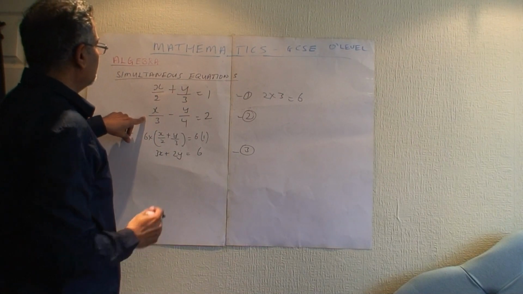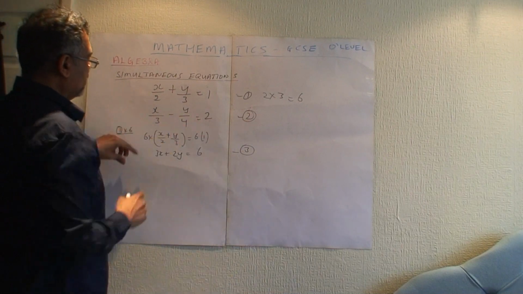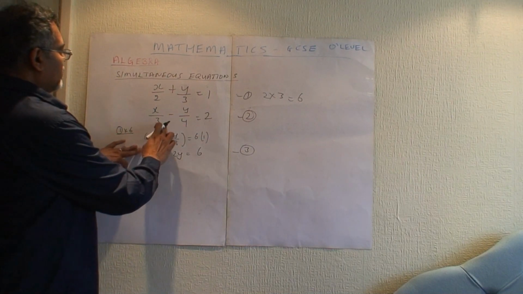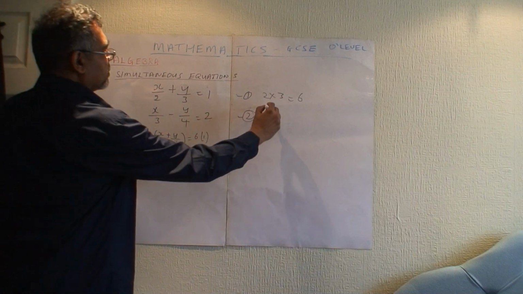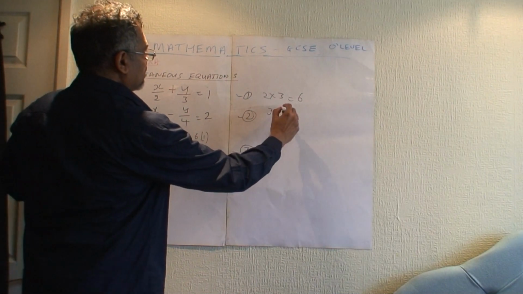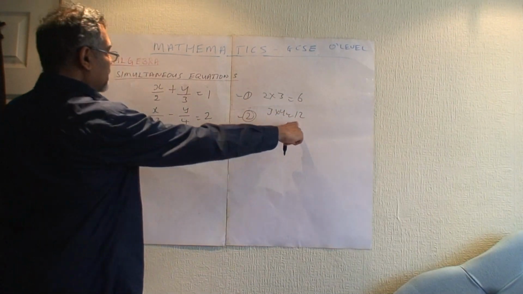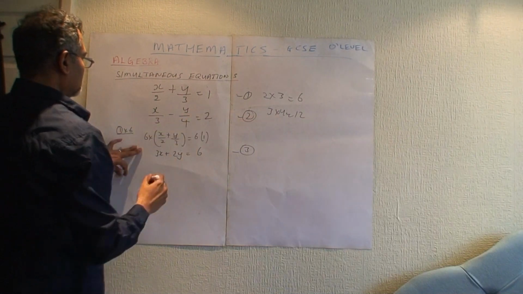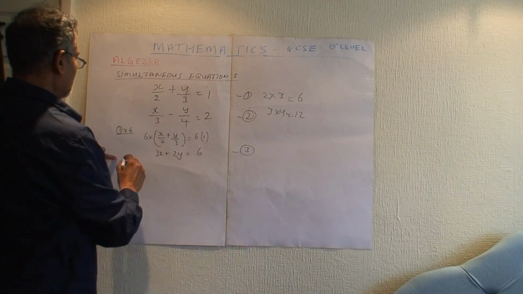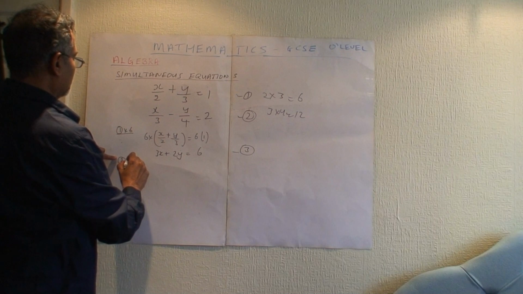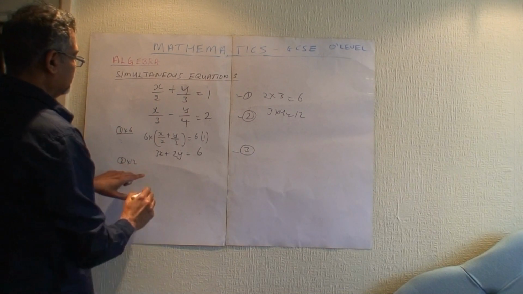So now for the second one, we can do it in the same principle. We have 3 and 4 here, so we say 3 multiplied by 4 is 12, so we use 12. So we multiply equation 2 by 12.